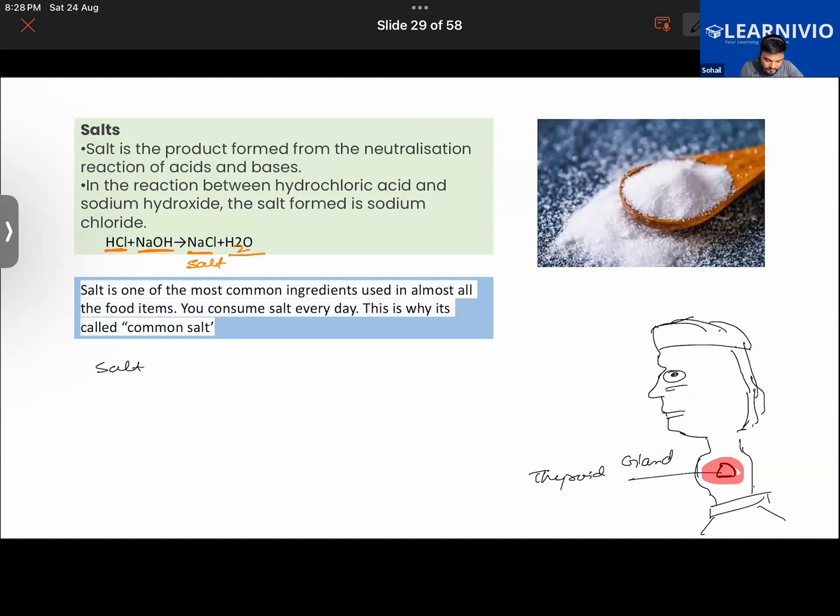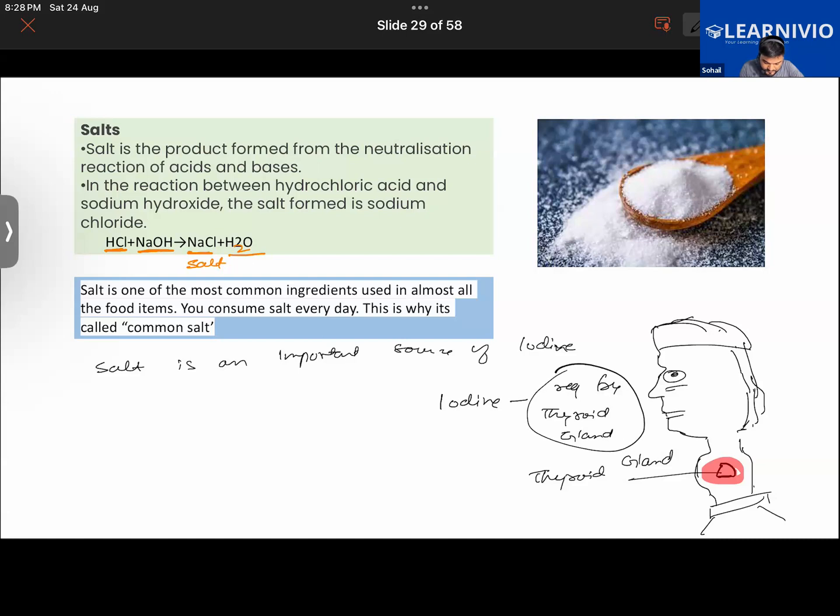So salt is an important source of iodine for the body. This iodine is essential for the proper functioning of the thyroid, so it is required by the thyroid gland. Getting it now?